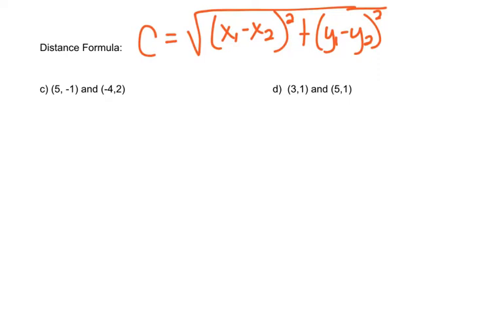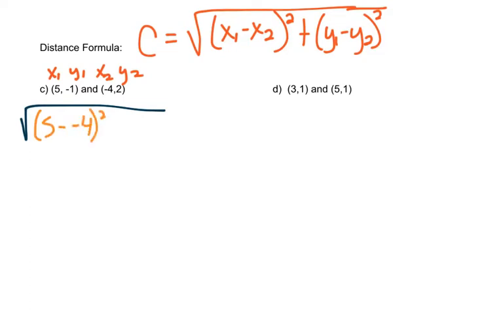Okay, so let's go ahead and just plug these in. I'm first going to label them: x1, y1, x2, y2. It doesn't matter, like when we found the slope in algebra, as long as you are consistent throughout. So x1 would be 5 minus negative 4 squared plus your y's, negative 1 minus 2 squared.